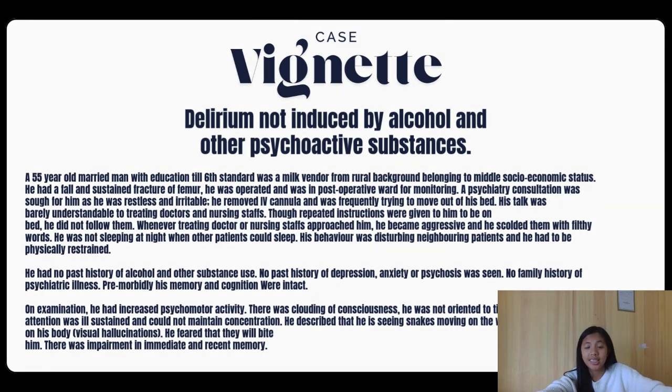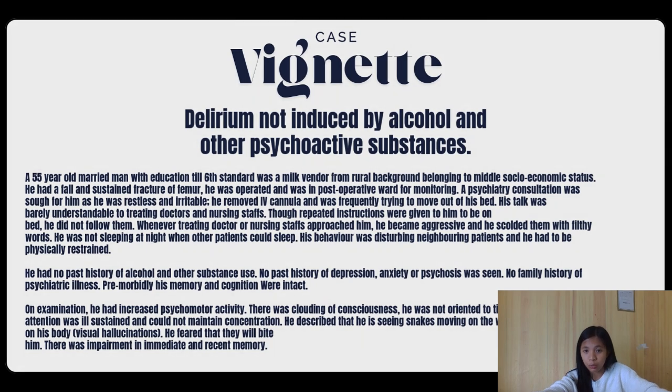Now, on examination, the man exhibited increased psychomotor activity. He also showed signs of clouding of consciousness, meaning he was confused and unable to stay aware of his surroundings. He was disoriented to time, place, and person, meaning that he didn't know what time it was, or where he was, or who he was.